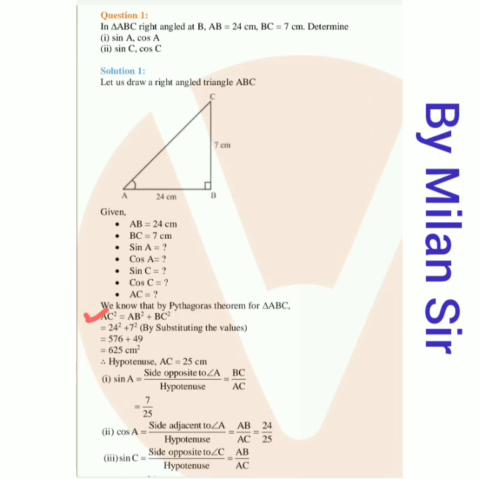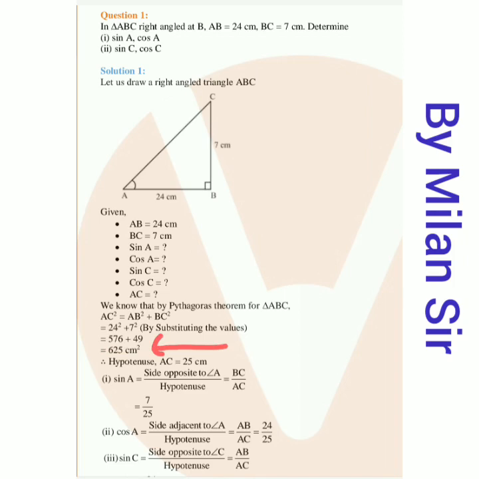Hypotenuse AC square is equal to sum of squares of the other two sides, that means AB square plus BC square. AB is equal to 24, so put 24 in place of AB and put 7 in place of BC. Now 24 square, that means 24 multiplied by 24, it's 576, right? And plus 7 square, 49. Now addition of 576 and 49 is equal to 625 centimeter square.